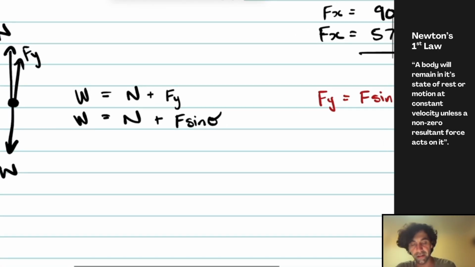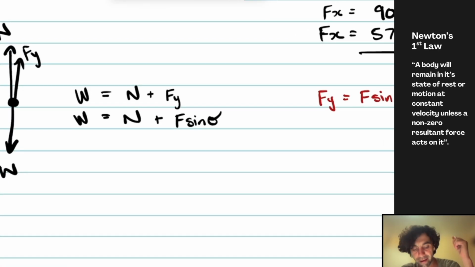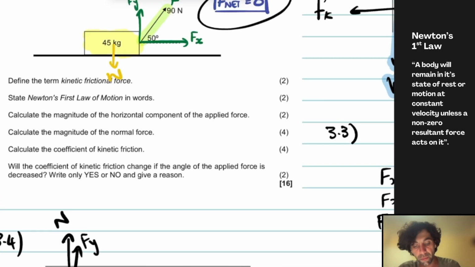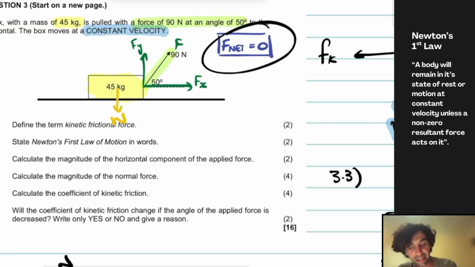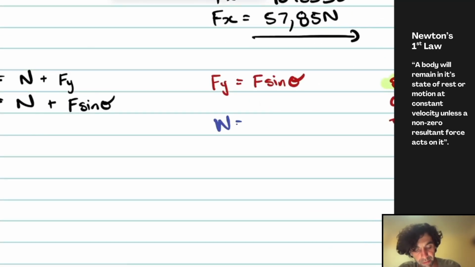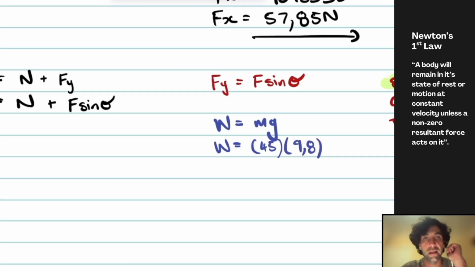So let's continue. Let's plug in all the information that we have. Do we have W? Do we have weight? We do not have weight yet, but we can definitely find the weight. They told us the mass was 45 kgs. Now, what is the weight? Well, W is equal to mg, right? So W is going to be equal to that 45 kg mass, which must be in kgs, multiplied by 9,8, which is the gravitational acceleration on Earth's surface.